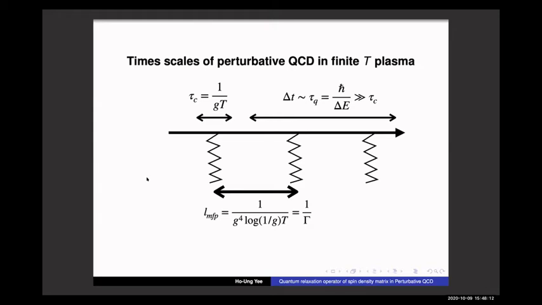And we are interested in the time evolution on a scale which is much larger than this time scale of each collision.